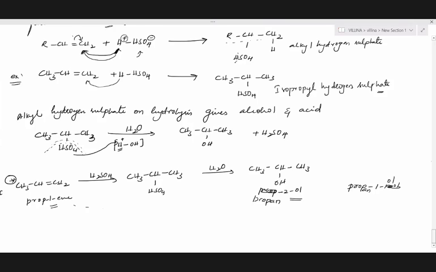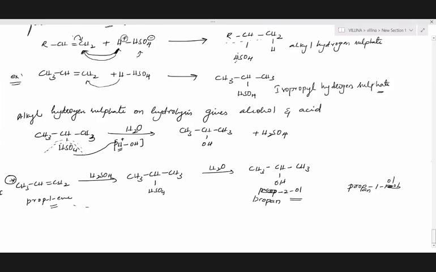So we are starting with prop-1-ene, where there is unsaturation between carbon number 1 and carbon number 2. Formation of alkyl hydrogen sulfate is fine, and formation of 2-propanol is also fine. But since we have the unsaturation between the first carbon and second carbon, there should be a possible formation of 1-propanol also, right?